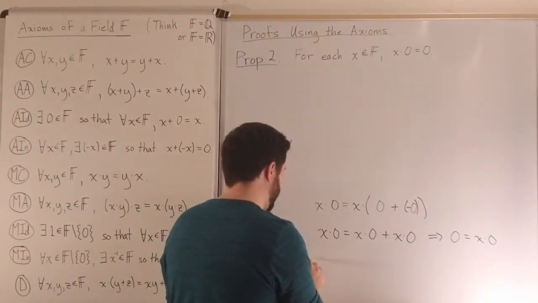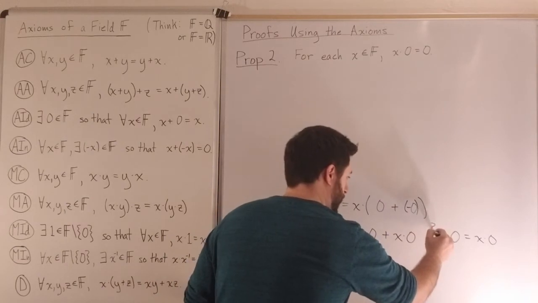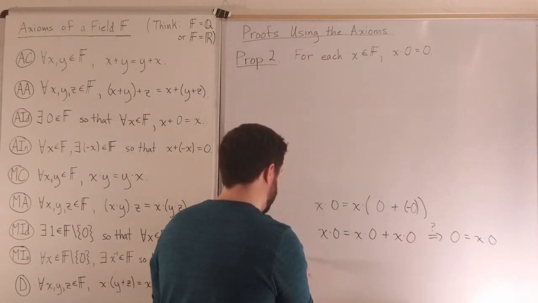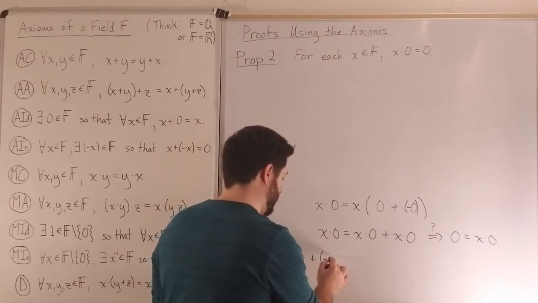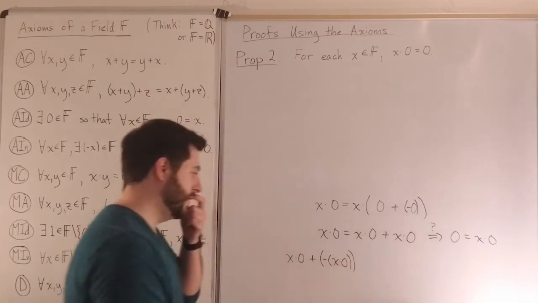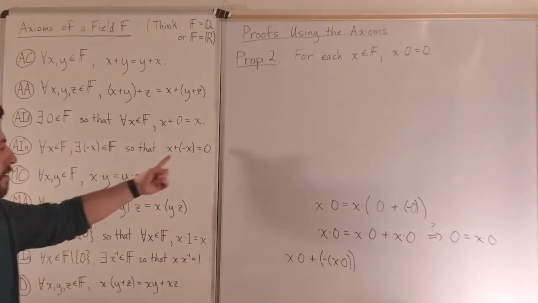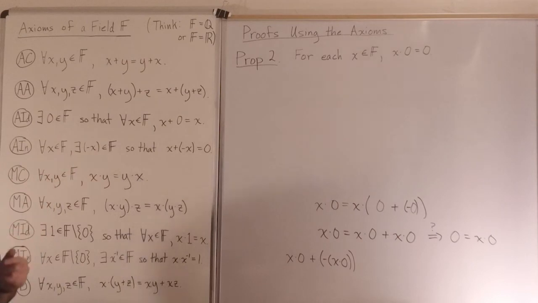Okay? So I'm going to take this. So this was a question mark here. I'm going to take this and I'm going to add on the opposite. I'm going to write this in a strange way. Too many parentheses, just because it is notation. Right? I wrote my existence of negative x in parentheses.